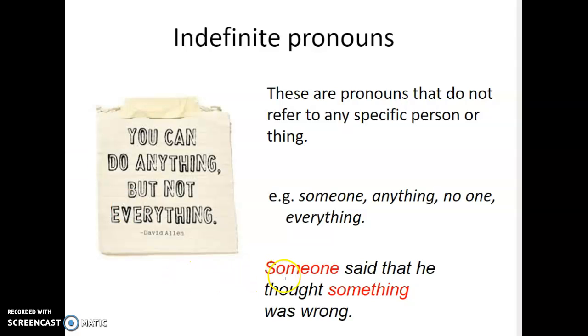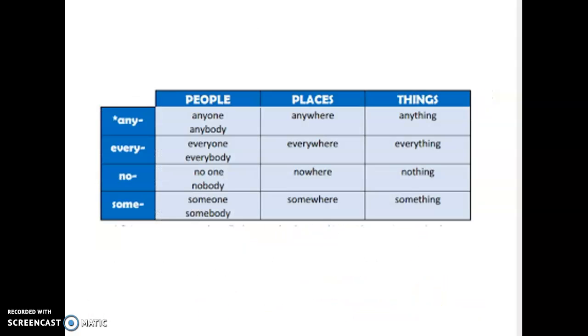So, for example, someone said that he thought something was wrong. Someone and something would, of course, be the indefinite pronouns. And here is a list of different types of indefinite pronouns there, if you just want to jot that down.